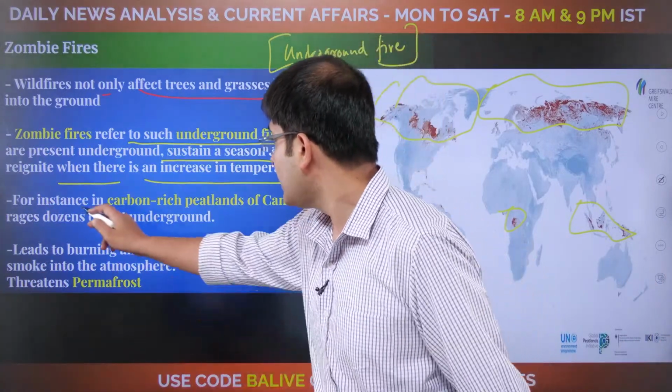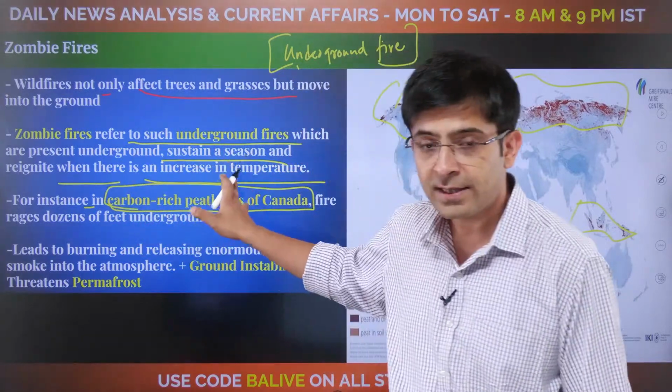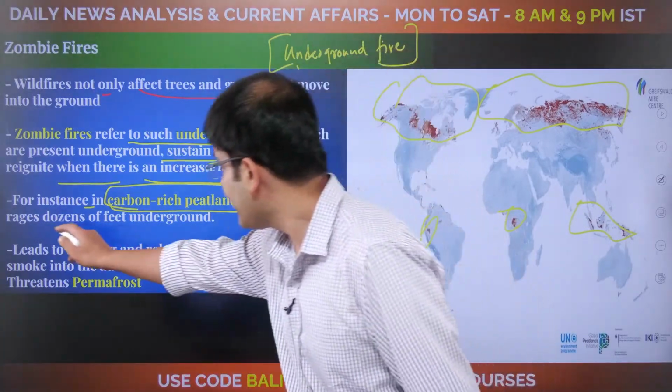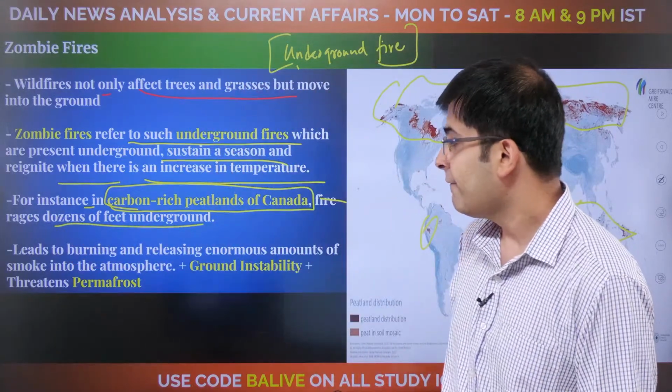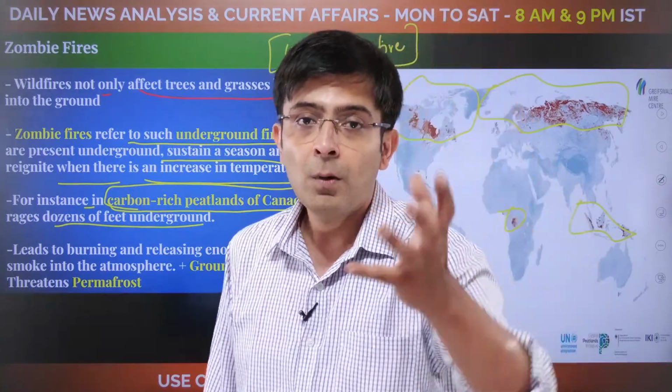Okay. For instance, in carbon-rich peatlands of Canada, my dear students, we just discussed peatlands. That soggy mat. So, in carbon-rich peatlands of Canada, what happens? You are looking at fire that rages dozens of feet in the ground, which means that the permafrost that is present in these high areas, in say the Arctic areas, what happens there?